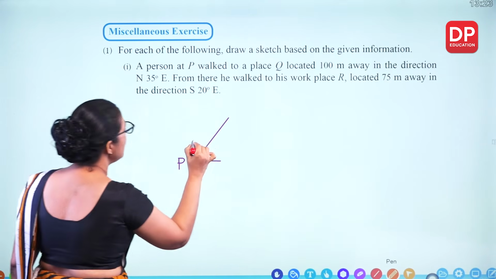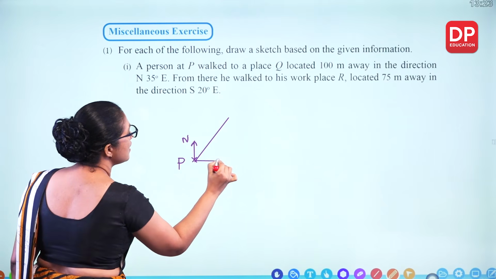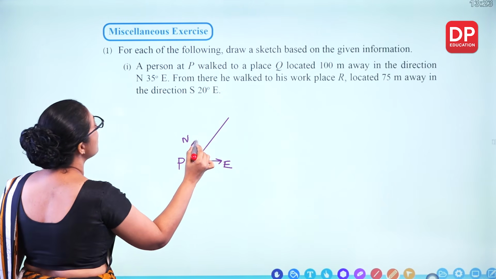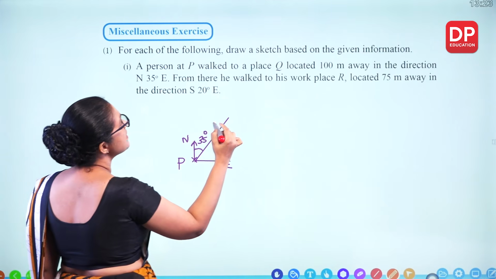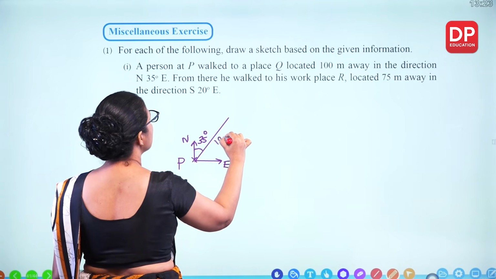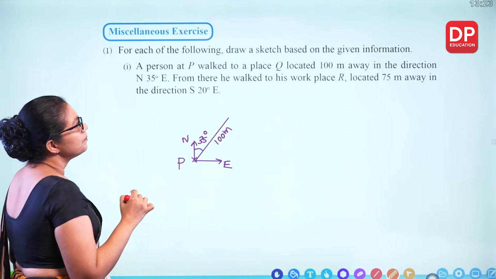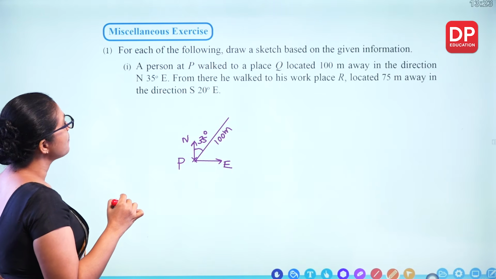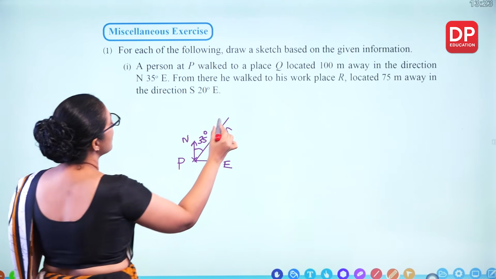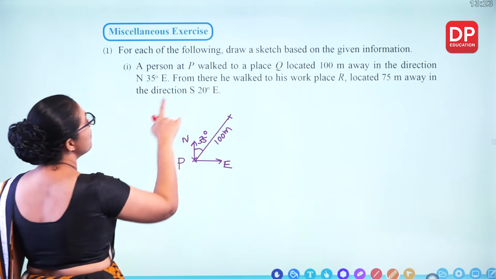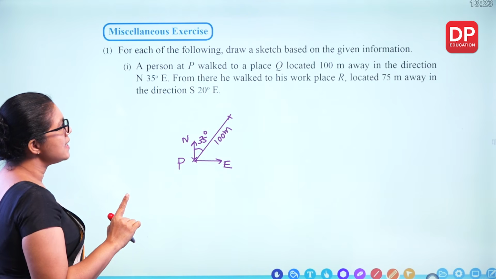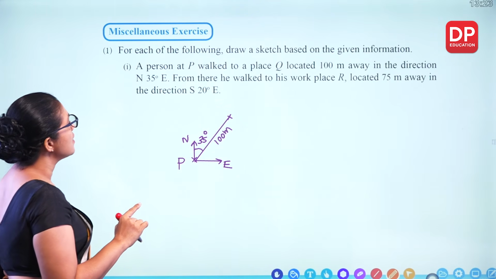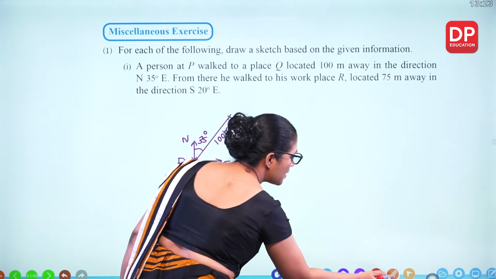So this is north, east, 35 degrees from here. And the distance is 100 meters. From there, he walked to his workplace R, located 75 meters away in the direction south and east 20 degrees.